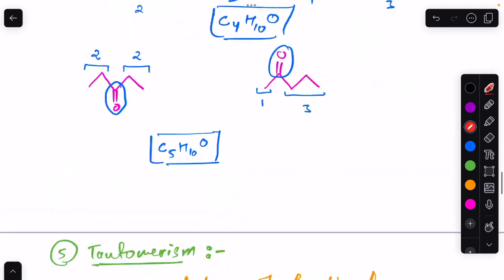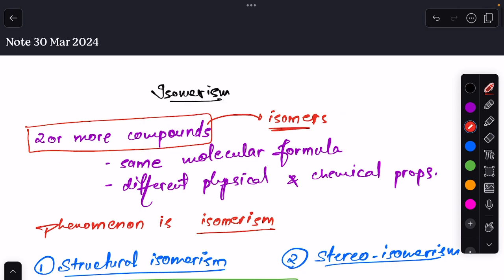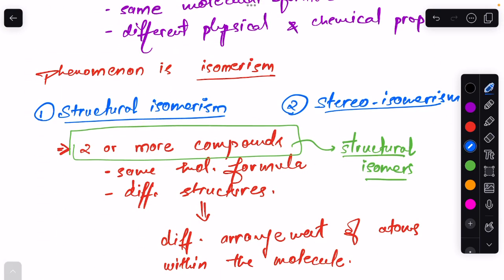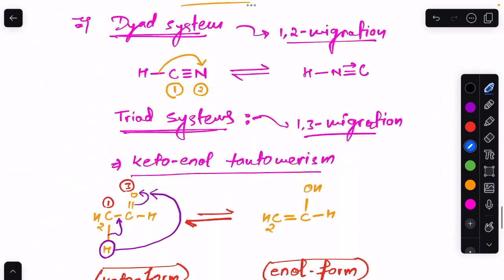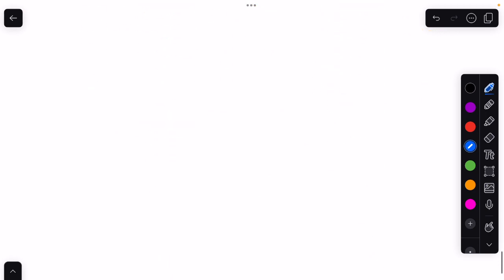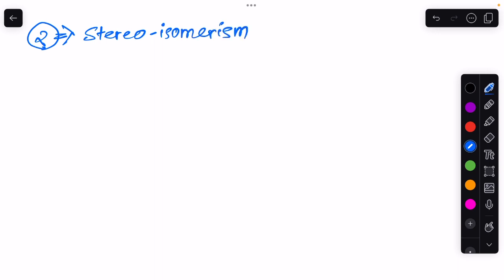Let's move on to stereoisomerism. Before proceeding towards stereoisomerism, let's look at a question.